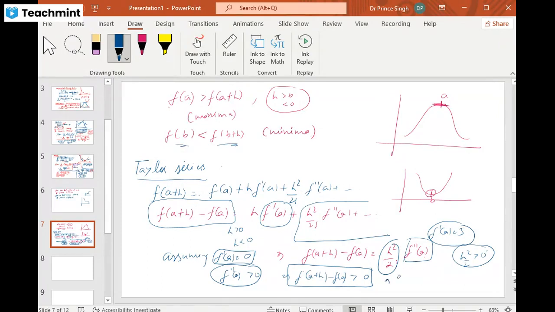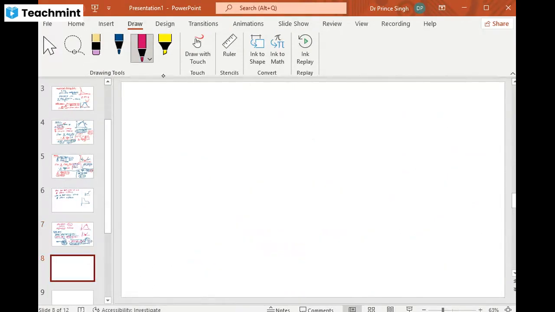So we can say that a is the point of minima. And if f double dash a is negative, f of a plus h minus f of a is equal to h square by 2 factorial f double dash a.